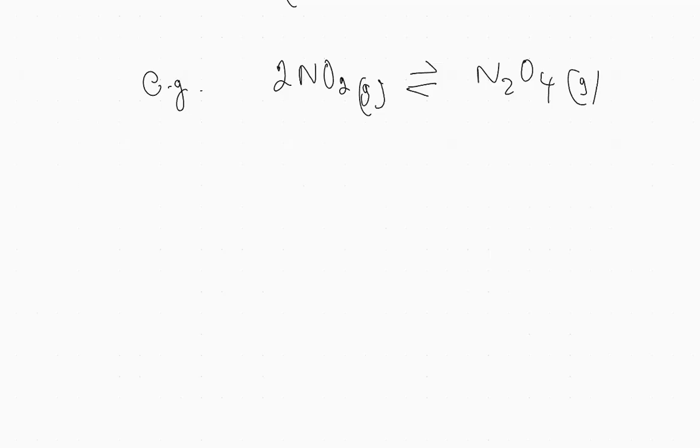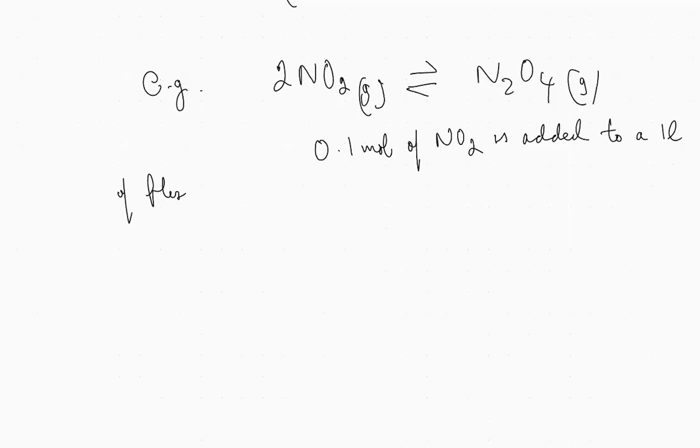Suppose we are told that 0.1 moles of NO2 is added to a 1 liter flask at 25 degrees centigrade, right? Okay, so it's clear to you.